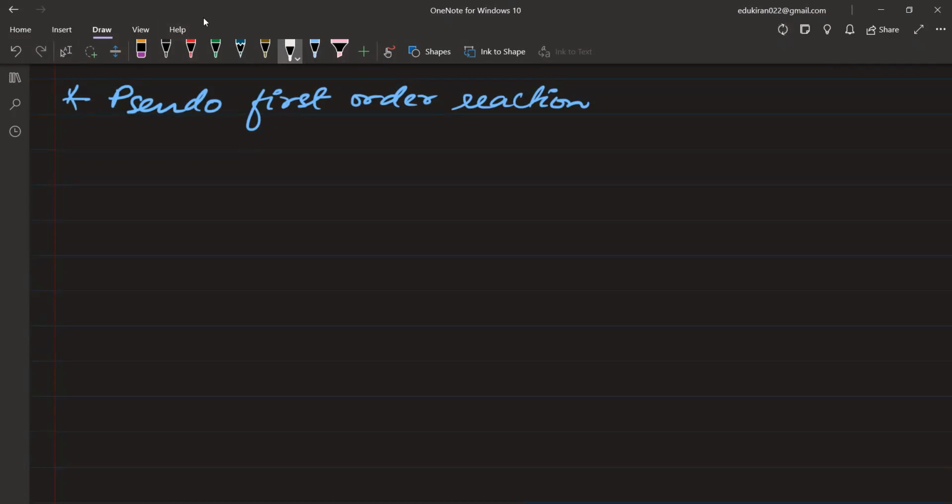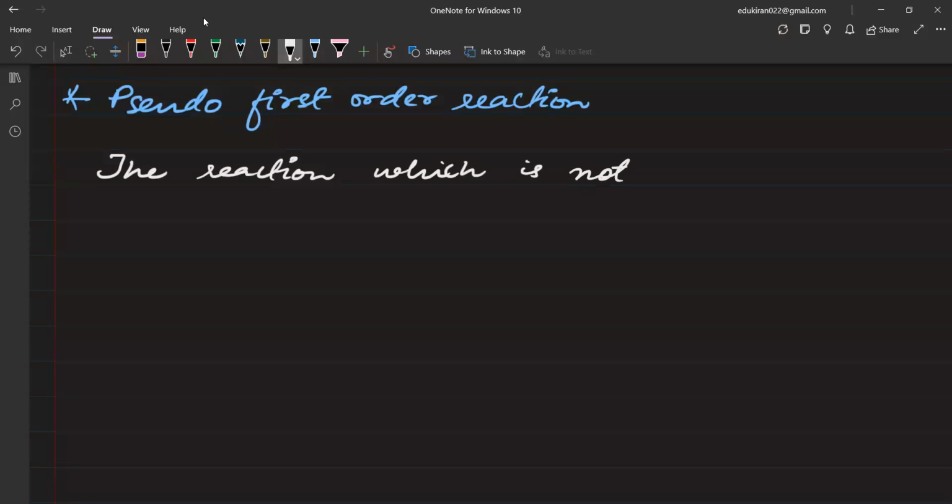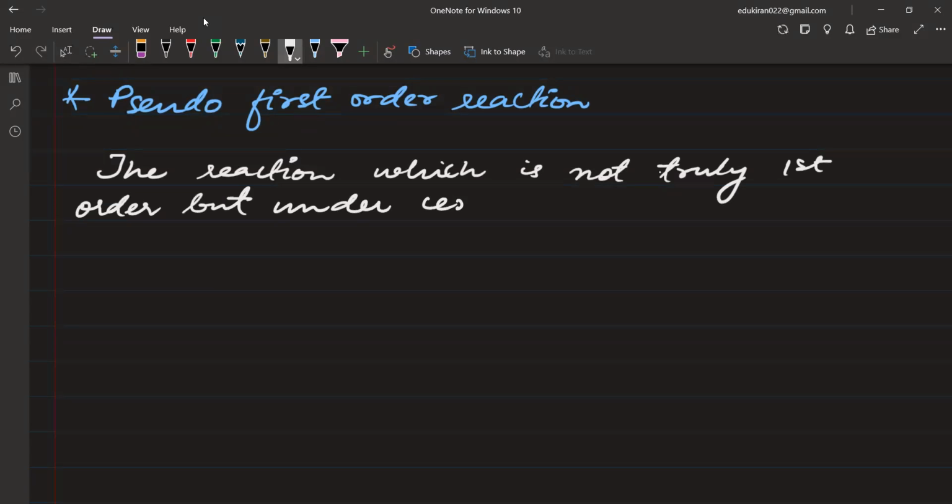The reaction which is not truly first order, but under certain condition, and that certain condition is what?